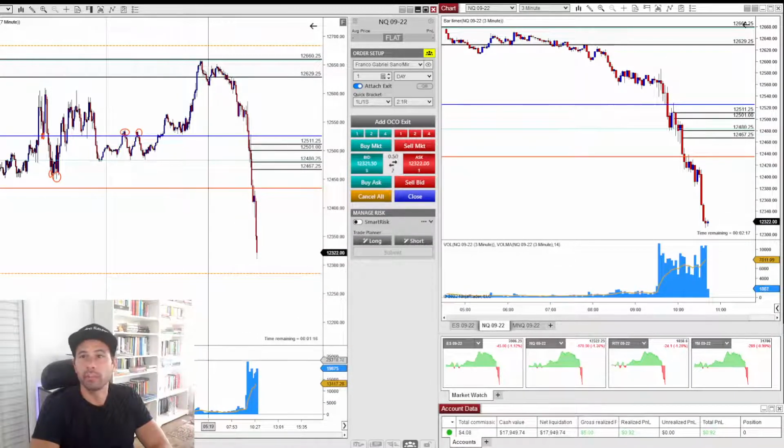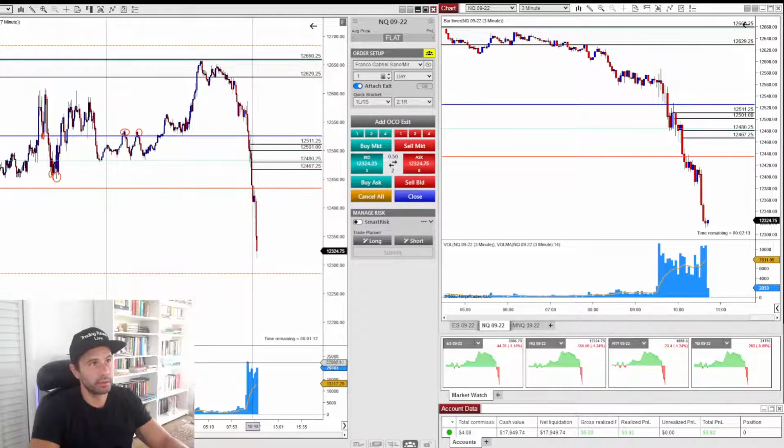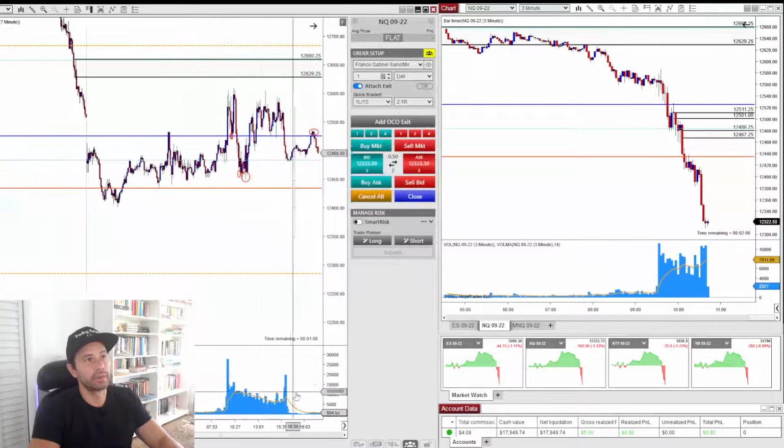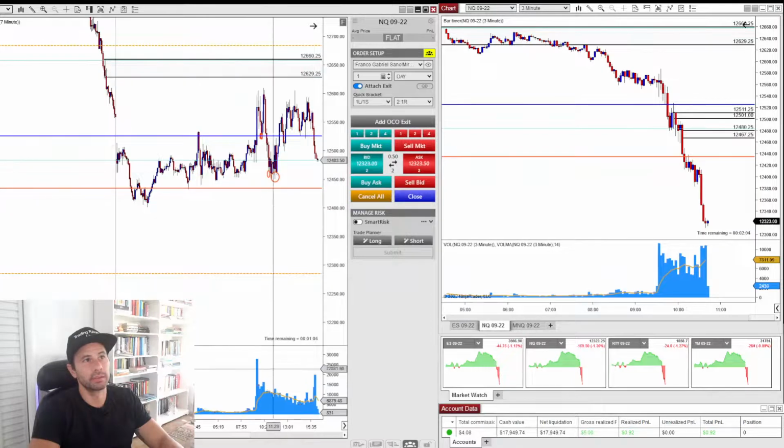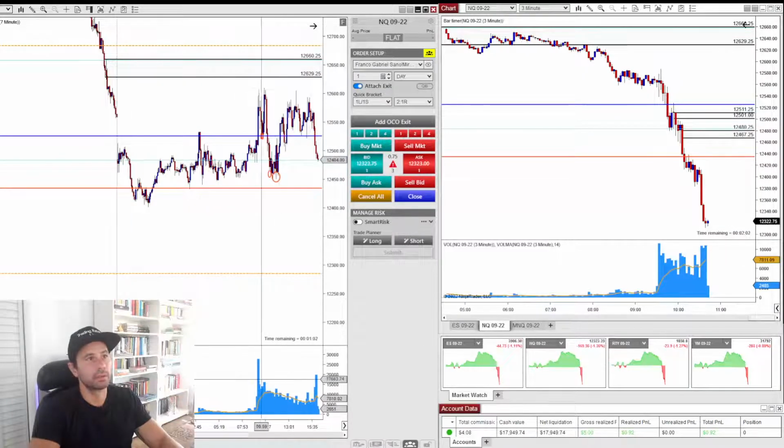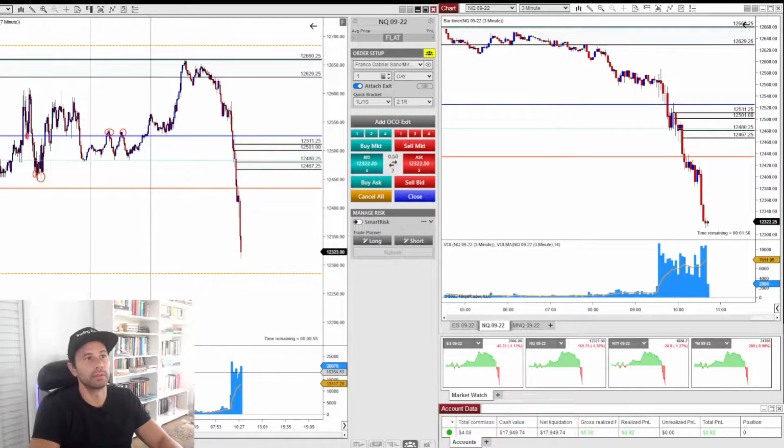Now if you compare this chart, look at this volume chart, the volume from today compared to yesterday. Yesterday was a lot lower. Look at this, solid candles to the upside. This is 21,000 every 7 minutes.